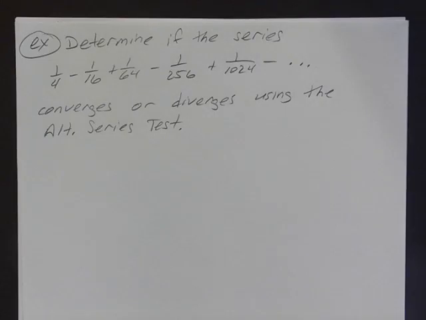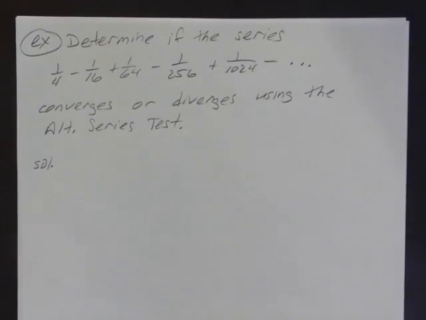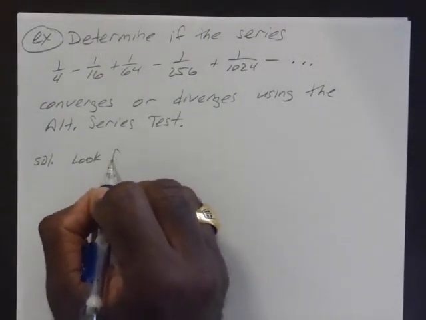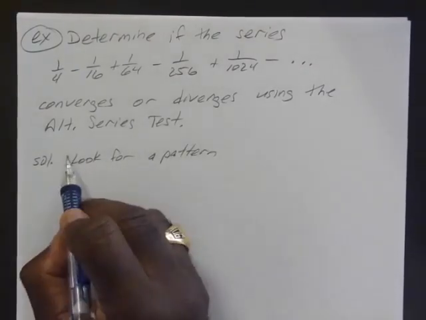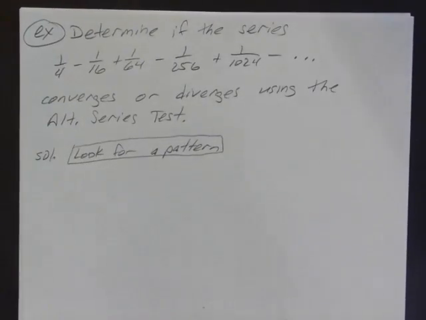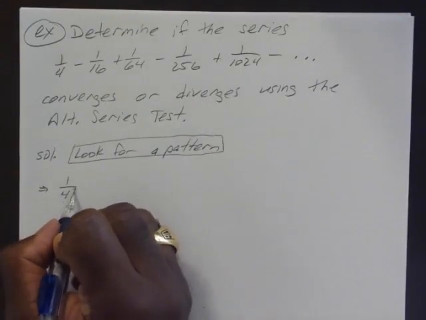Okay, so the first thing we have to do is put this in the right form to find our series a sub n. What we're going to do is look for a pattern. That 1/4, we can make 1/4 to the first power.